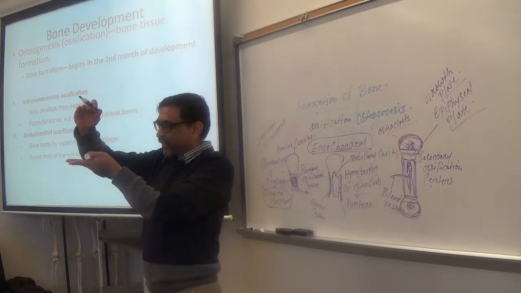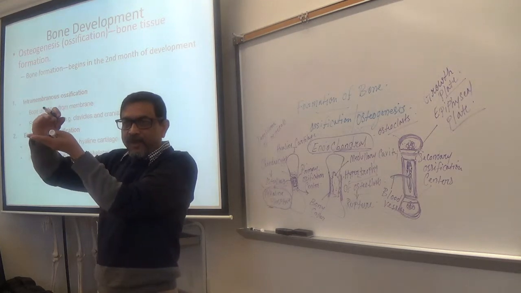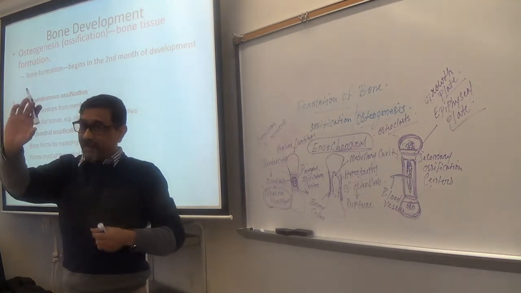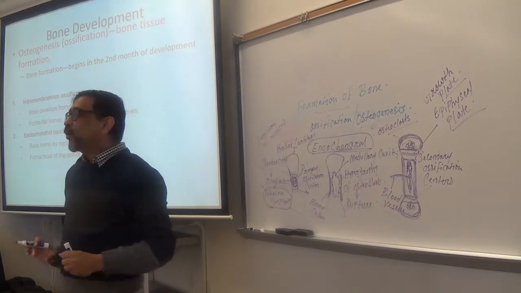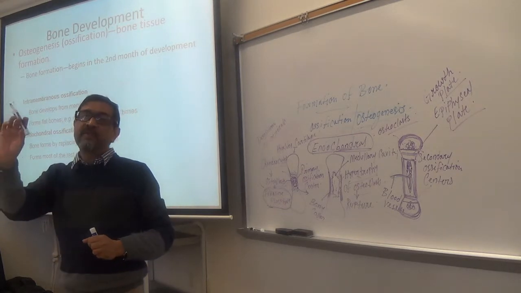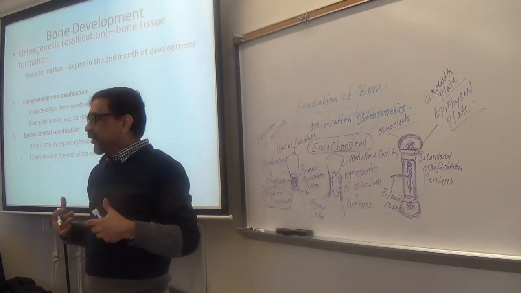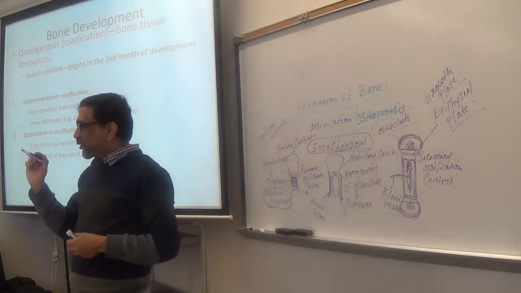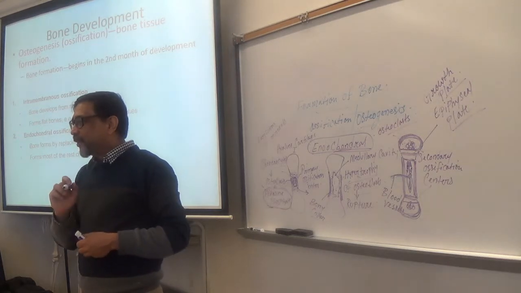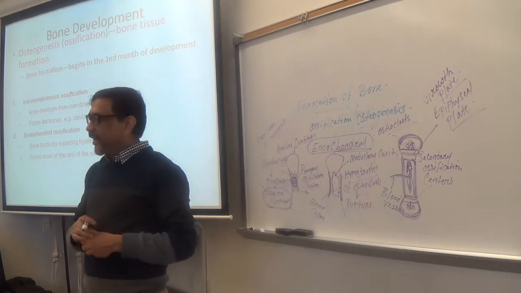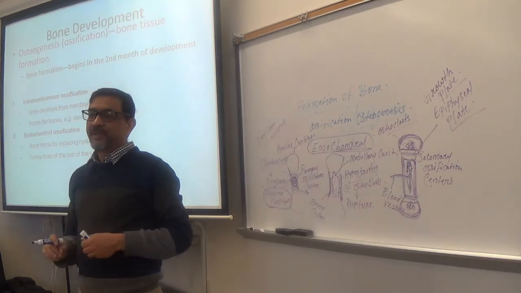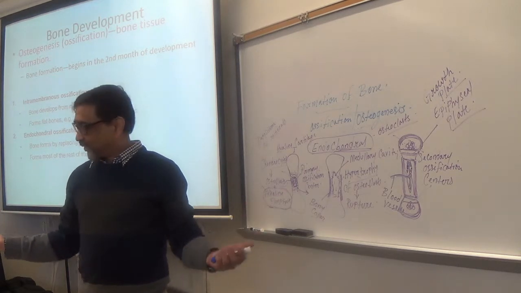So it shrinks gradually, right? Gets smaller. And by looking at the thickness of this growth plate, we can determine the age of that growing person. Okay? And this is a very good clue to find the age of an unidentified person.